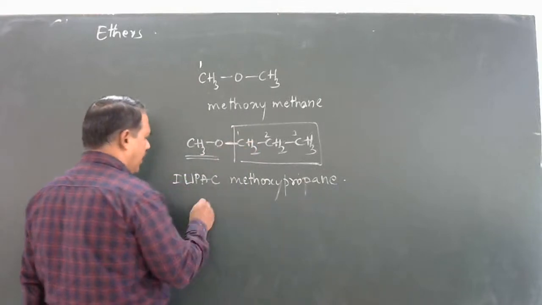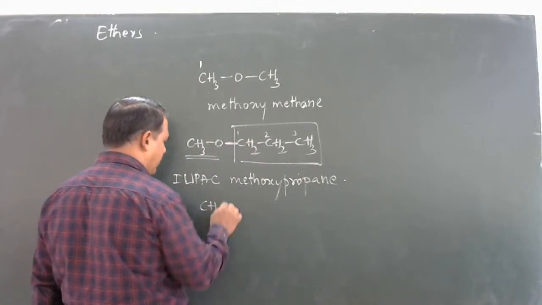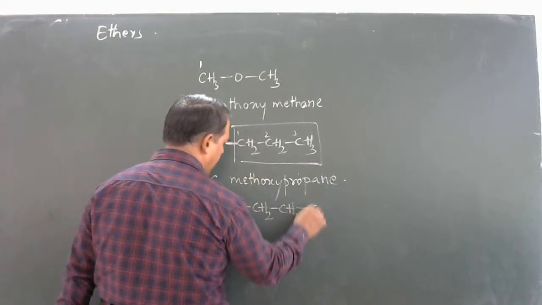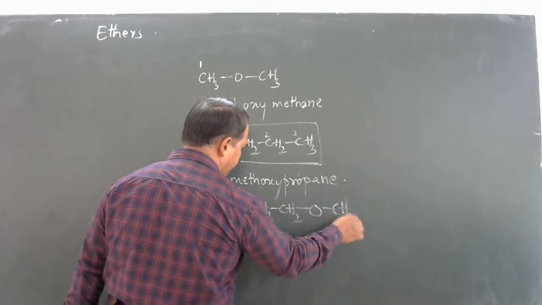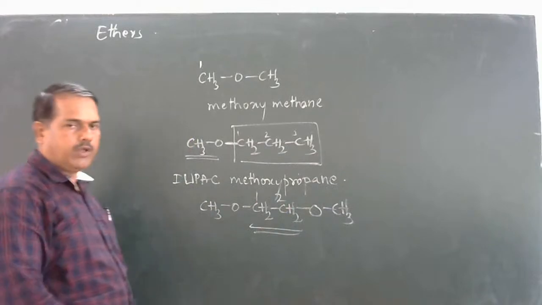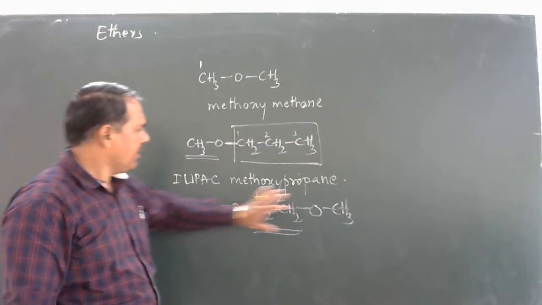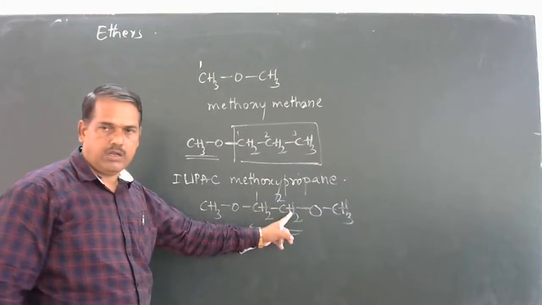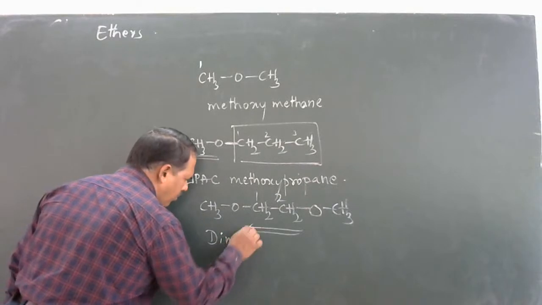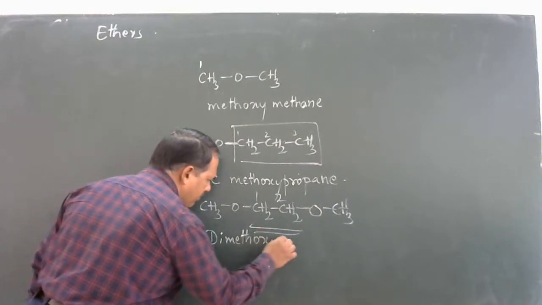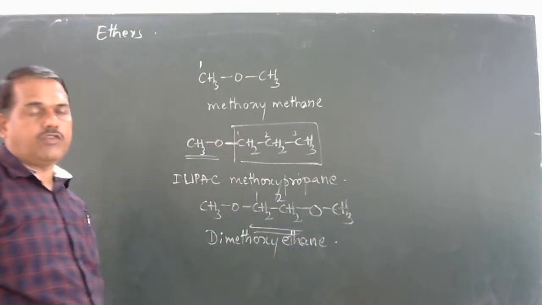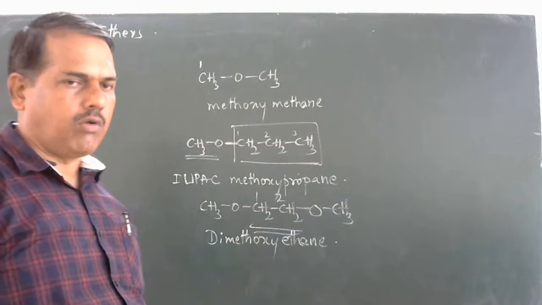I am going to write another one: CH3O, CH2, CH2, again O, CH3. Only a two-carbon chain is here, so it is dimethoxyethane. Particularly in the nomenclature of ethers, students go wrong.